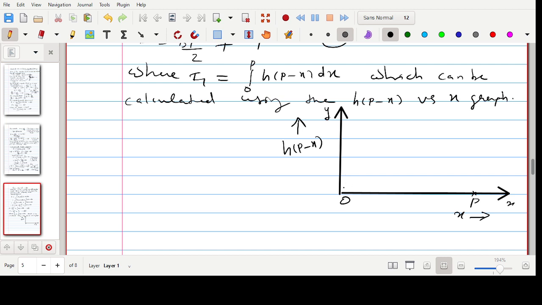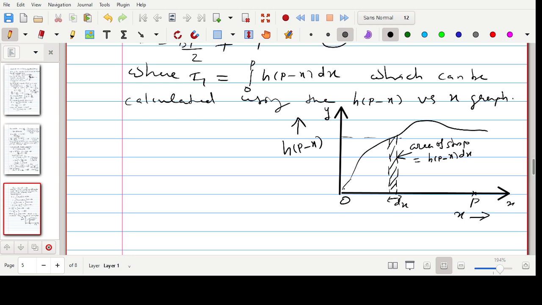If we have this graph something like this, and you take a strip of thickness dx, then this height will be h into p minus x. So the area of this strip will be equal to h into p minus x dx.